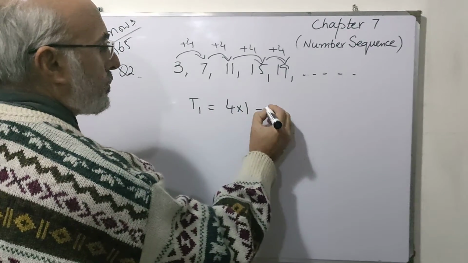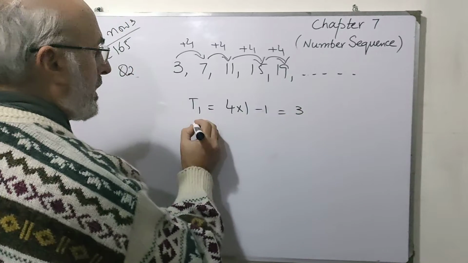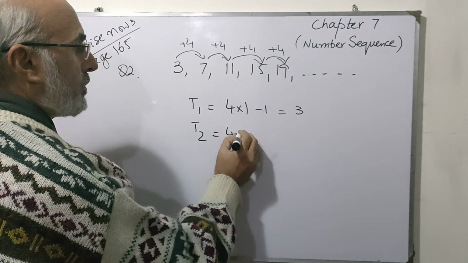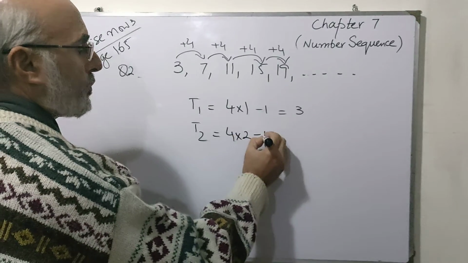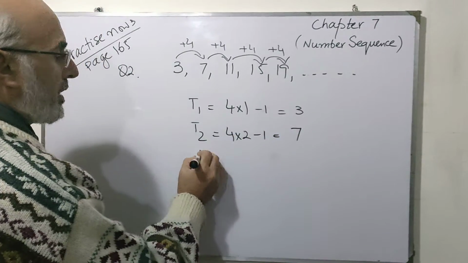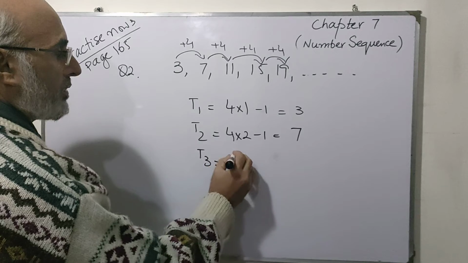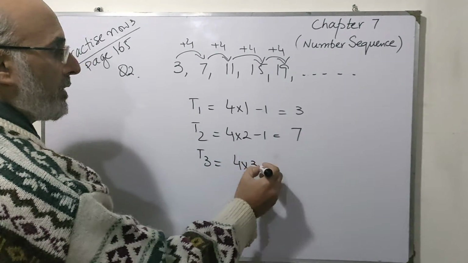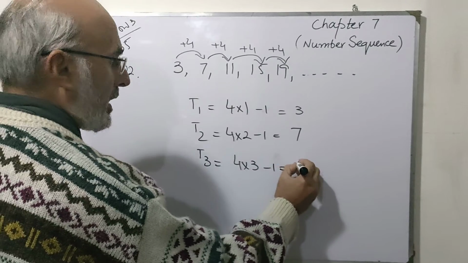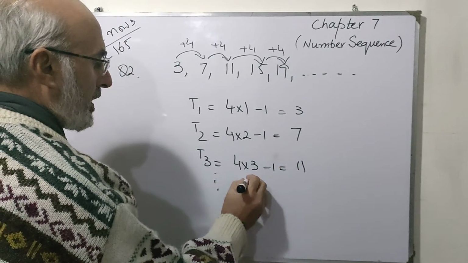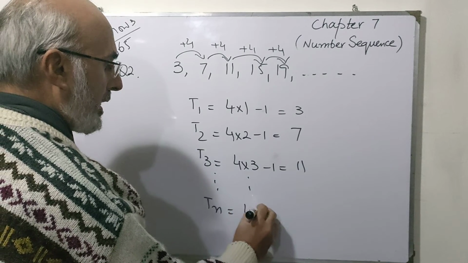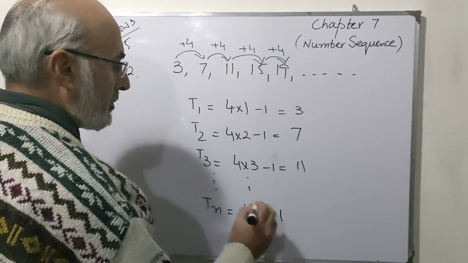We need 3, so minus 1 is equal to 3. T2 is 4 into 2, which is 8, minus 1 is 7. T3 is 4 into 3, which is 12, minus 1 is 11. So we have our nth term, which is 4n minus 1.